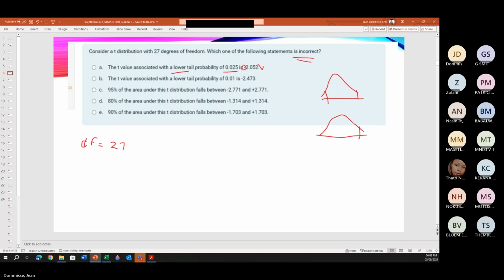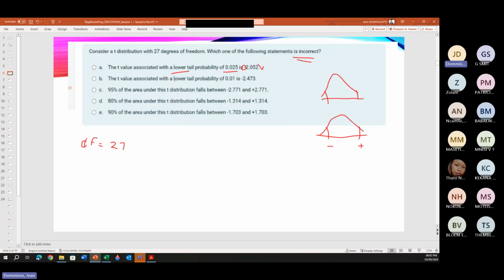On the one side, you have a positive, on the other side, you have a negative. So just like your z, the t distribution is exactly the same. It has a lower tail, and other ones have an upper tail as well.